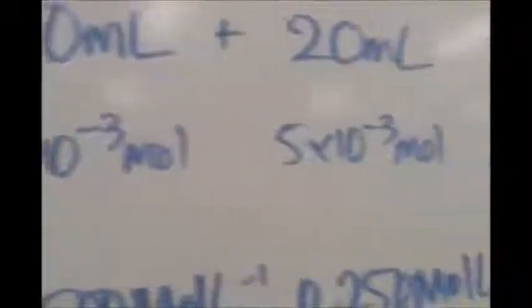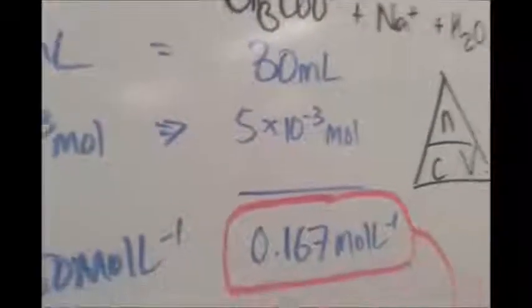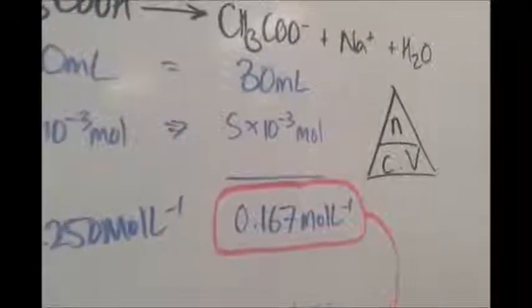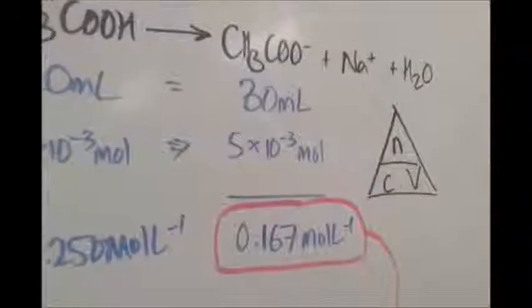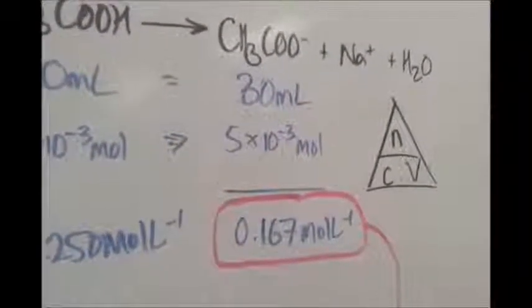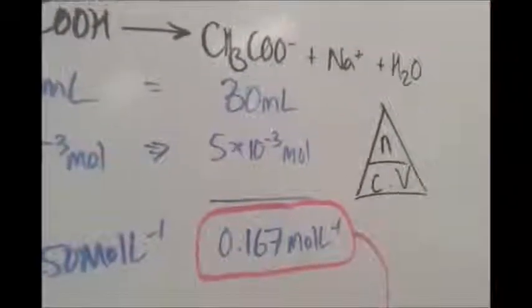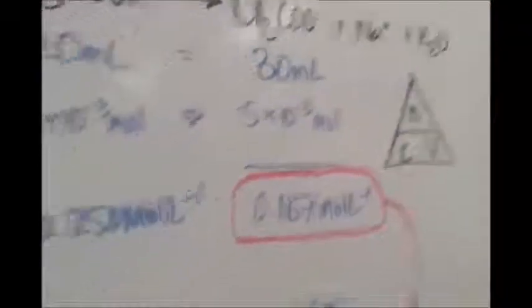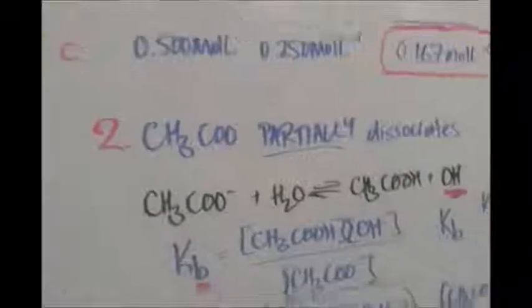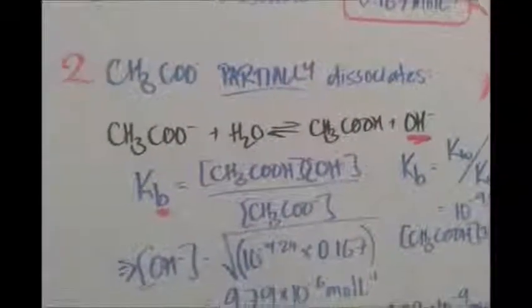The number of moles stays the same because that's what equivalence point means, the same amount. So that means we can use this equation here to calculate the concentration of the conjugate base that's being made at the equivalence point. But because there is a weak base present, it will go on to partially dissociate, as shown by this equation here.